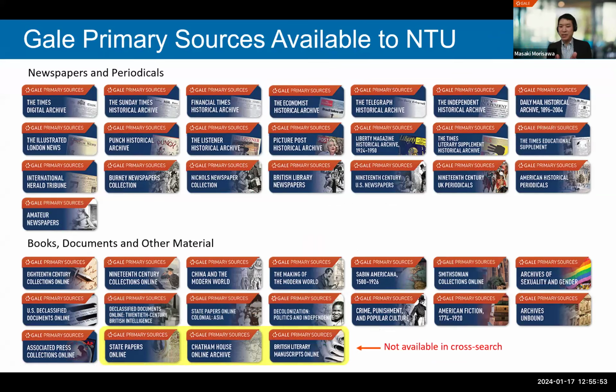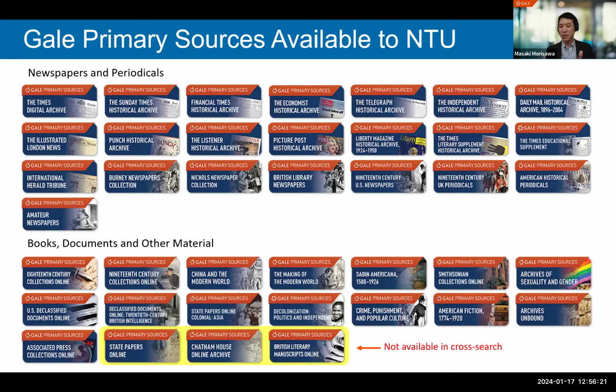The 3 databases here, State Papers Online. This is a collection of early British state papers from the Elizabethan era or the early 18th century era. These are all manuscript documents. This is a kind of complex database. It's not yet cross-searchable with the others. Chatham House is a think tank in the UK. And these documents also live in a very different universe from the others.